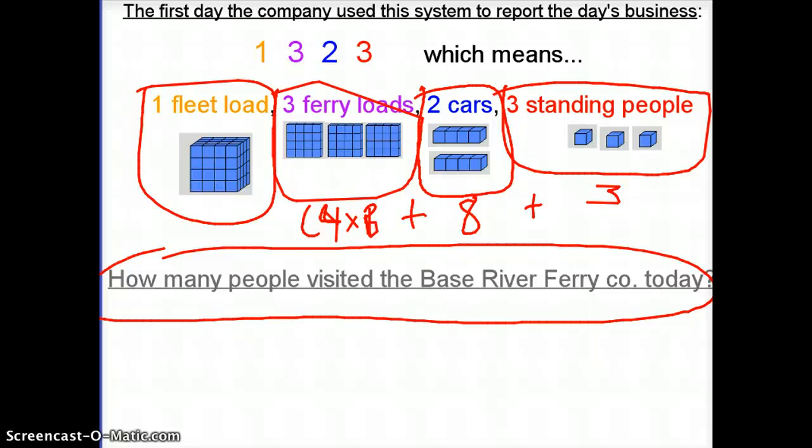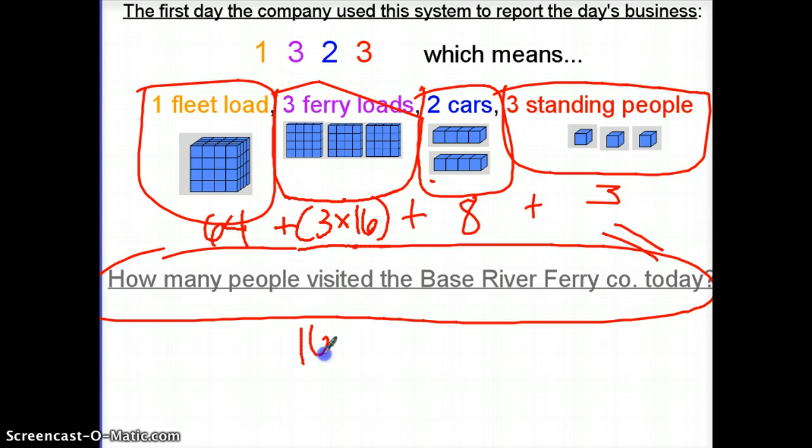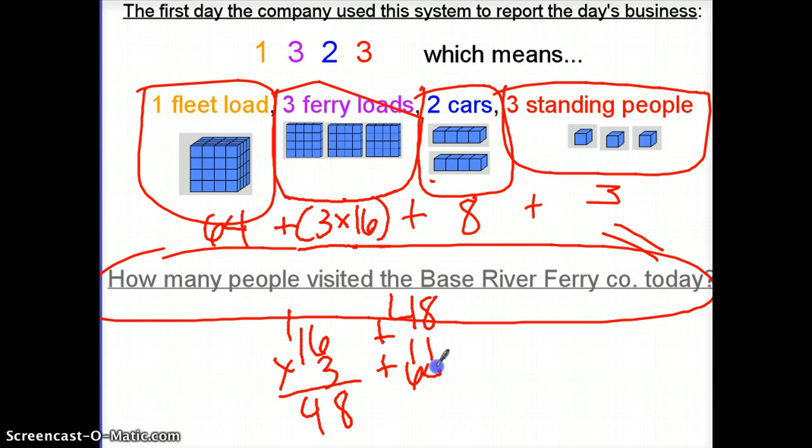So what we were doing was counting how many people were units, including the standing people, the cars, the ferry loads and the fleet loads. Each ferry load was 16, and 3 times 16 in addition to 4 times 2, and if we added all that up, 48 plus 11 plus 64 would be the total amount of people that visited that day.